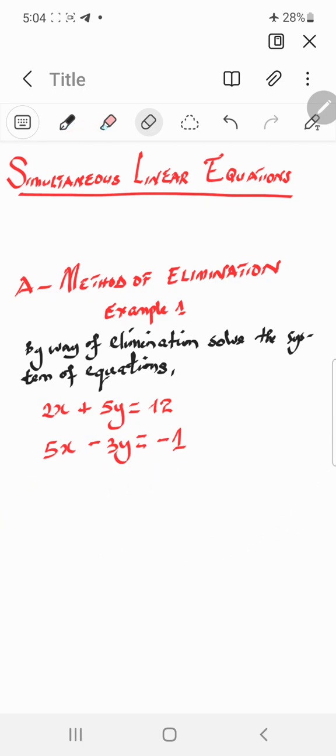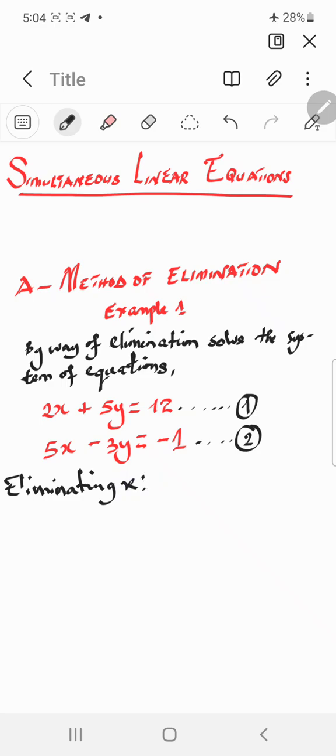So by elimination, let's start. The very first thing we do is labeling our equations. So we can call this equation 1 and call this equation 2. So if we choose to eliminate x, so make x disappear for a while, what shall happen?